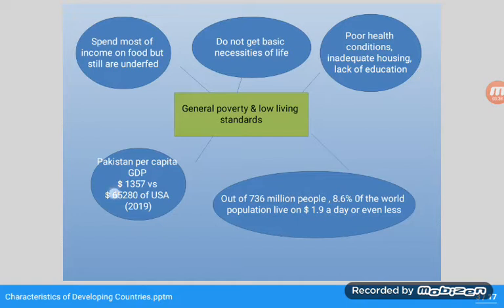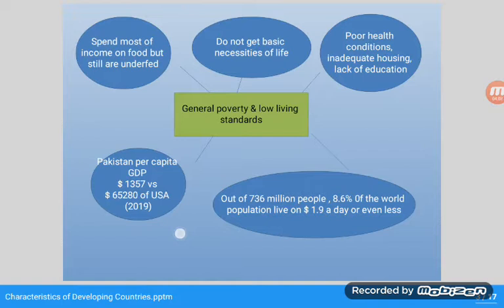Now over here I have given you the per capita GDP of Pakistan, which is $1357, you can say, whereas compared to USA, it is 65,280. I hope I'm saying it right in figures. Now these are the figures of 2019.